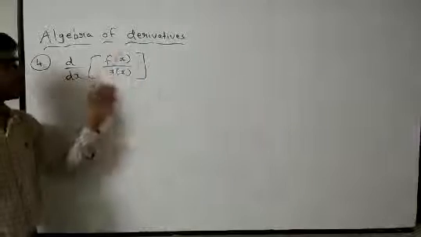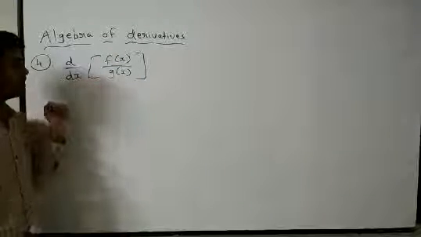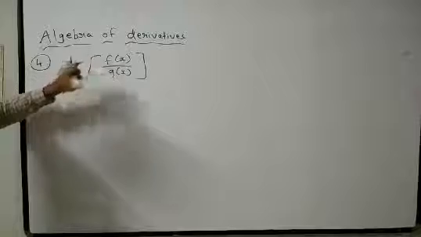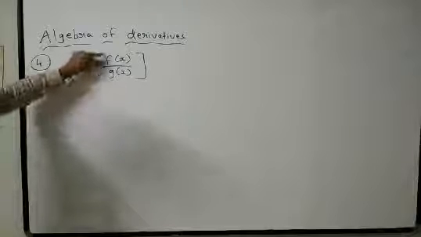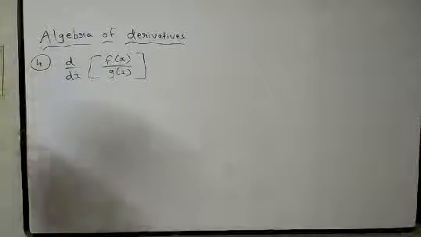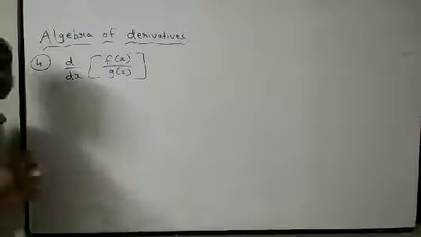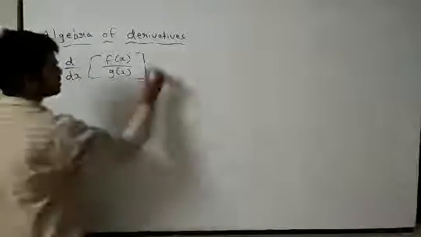See how we are going to solve this. Suppose we have two functions, one in the numerator and one in the denominator. How are we going to solve it?